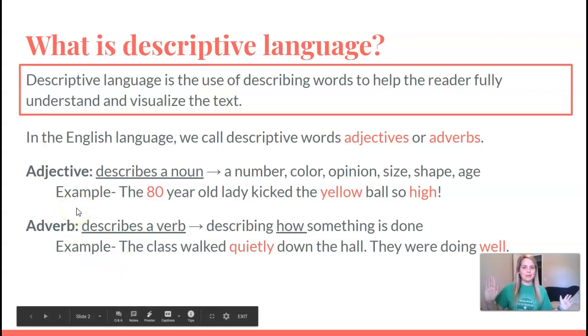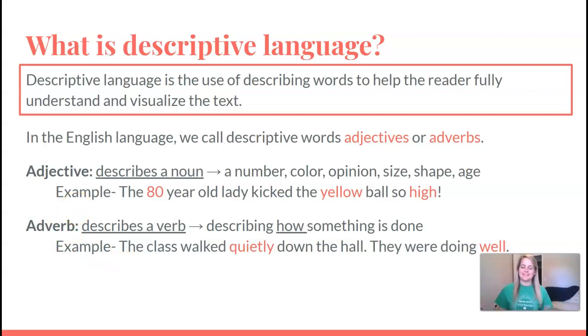So we're going to do a little mirror words. I would love if you do it with me. Of course, I can't see you while we're doing it, but it will help you remember because we always want to say things out loud and put actions with it to remember. So mirror words. An adjective describes a noun.